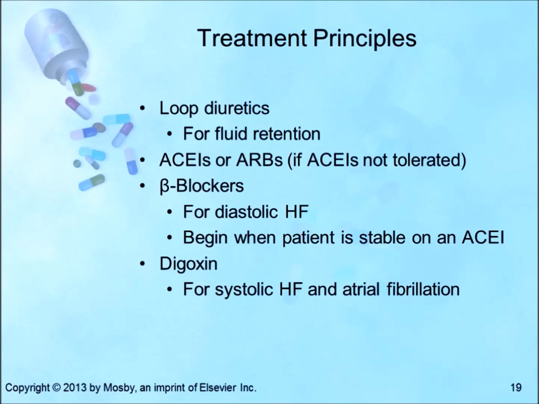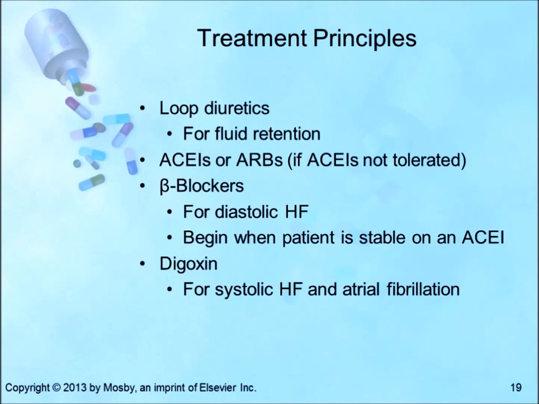Prolongation of patient survival has been shown in patients who have taken ACE inhibitors, ARBs if the ACE inhibitors are not tolerated, beta blockers, hydralazine, and nitrates, especially in African Americans. The aldosterone antagonists, such as spironolactone, have also been shown to improve survival in selected patients.